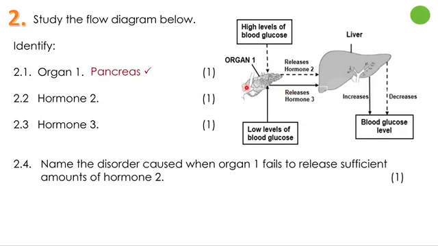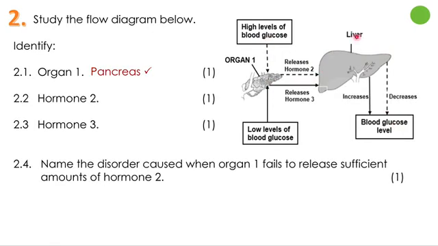Then identify hormone 2, okay? Hormone 2 is released and it acts on the liver and it decreases the blood glucose level. So you must follow the key. There's a little dotted line, and there goes a dotted line, and there goes a dotted line.